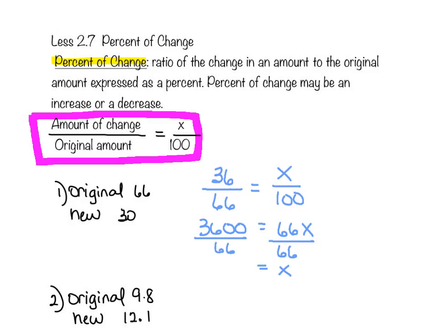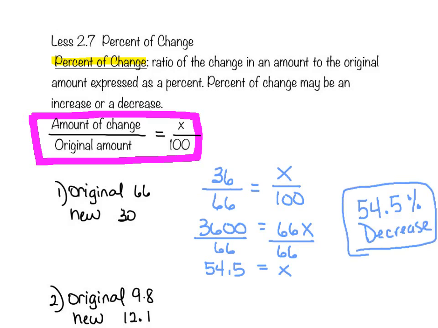And so I will, on all of these, round to the tenths place, and we get 54.5. And so my percent of change is a 54.5% decrease. And I know it's a decrease because it went from 66 down to 30.